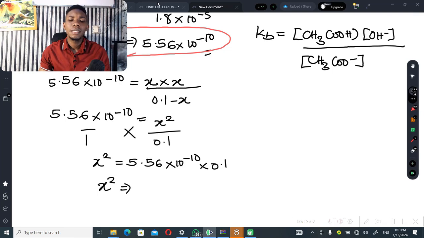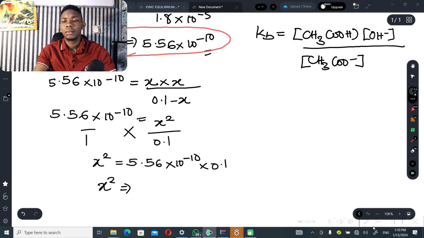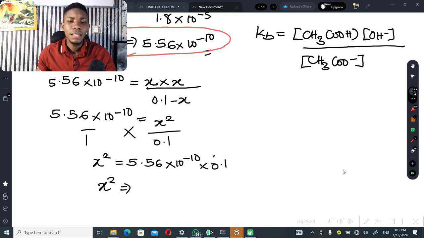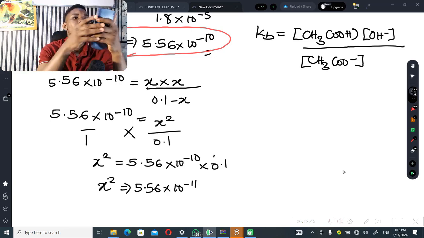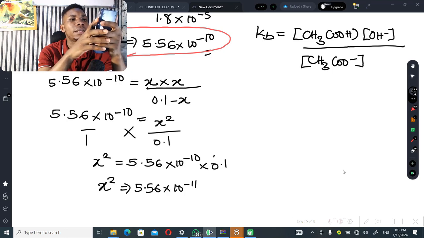When this is multiplied by this, it gives us 5.56 times 10 raised to the power of minus 10 times 0.1.